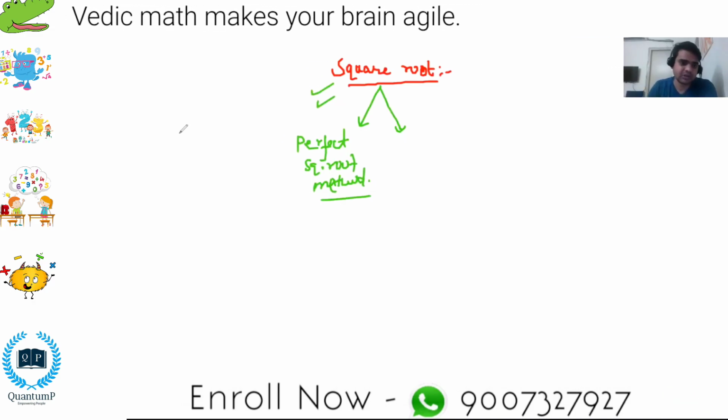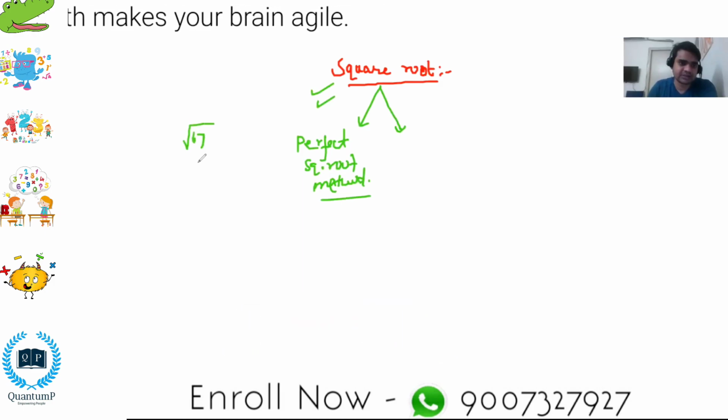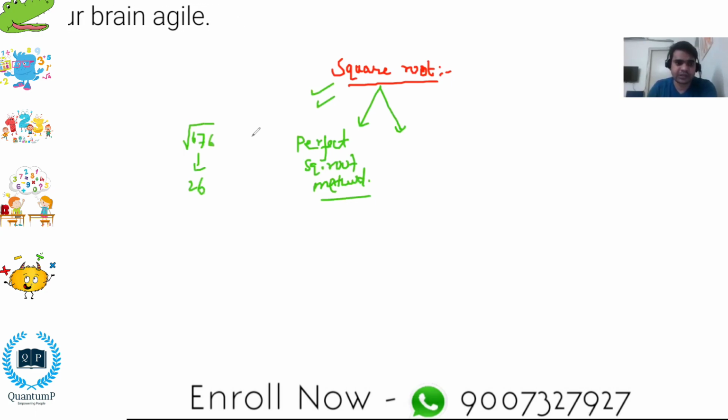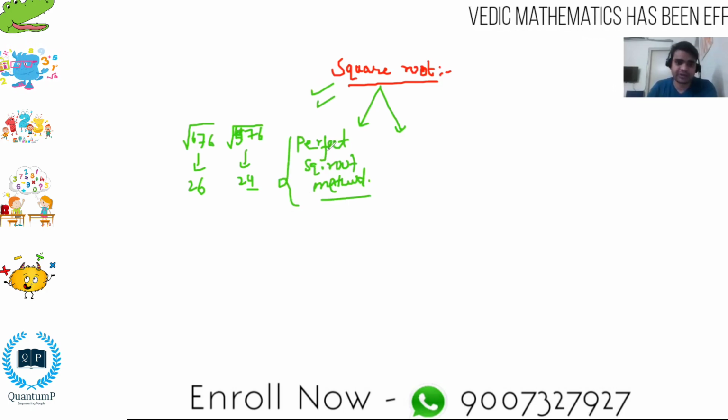Suppose you are finding the square root of 676, which is 26. If you're finding the square root of 576, which is 24. So like this. If you see, there is no decimal, right? So all of this can be done by the perfect square root method.